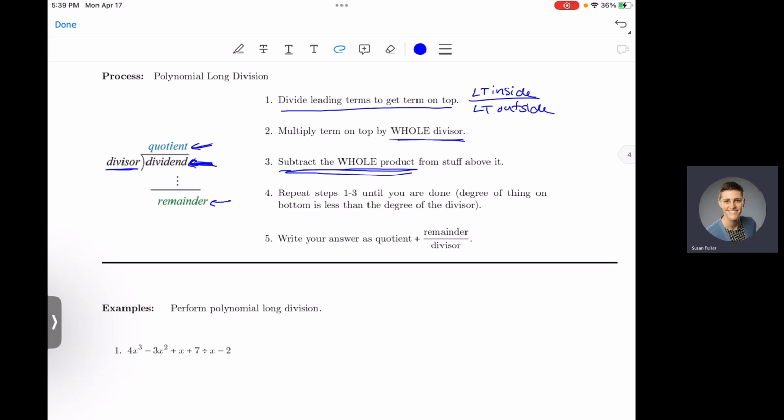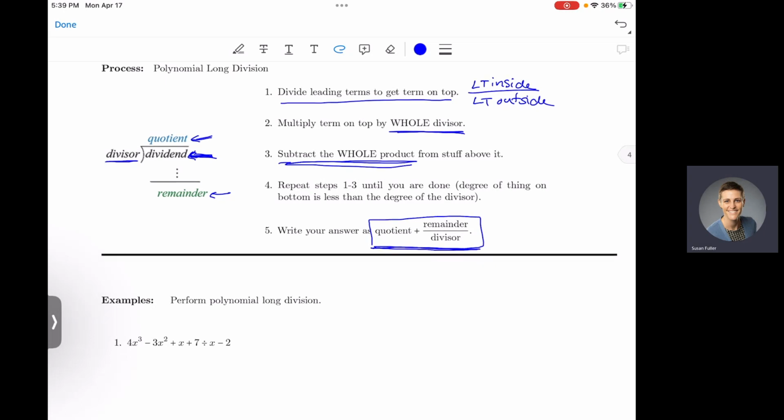That's when you know you're done. And normally we'll write our answer as quotient plus remainder over divisor. In ALEKS, I think they're just going to give you boxes for your quotient and your remainder. But this is usually how we're going to write our answer here.